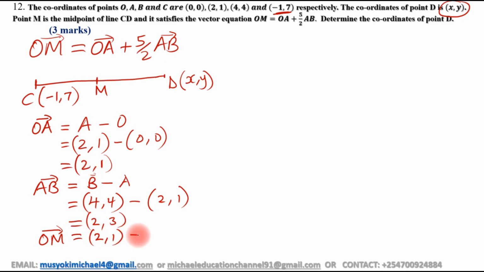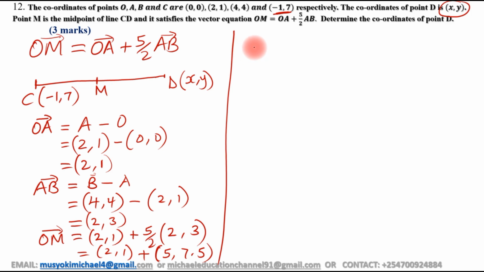it shall be OA, which is (2, 1), plus 5 over 2 of AB, and AB is (2, 3). So this will be (2, 1) plus 5 over 2 times 2, we get 5, and 5 over 2 times 3, we get 7.5.